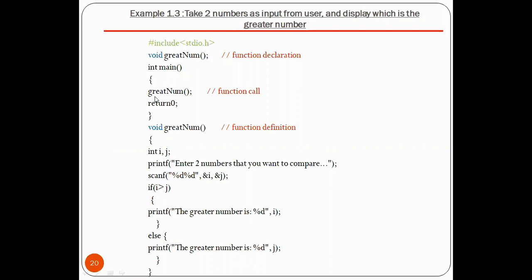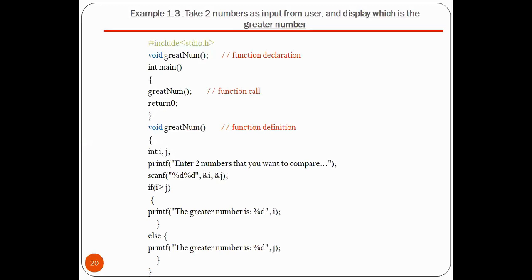Here we are calling this function, not passing anything, and here is the function definition. You can see in no arguments and no return type, your main program is inside your function definition. So you are actually printing everything in your function definition. It is not necessary, but you can see the major code is inside the function definition.